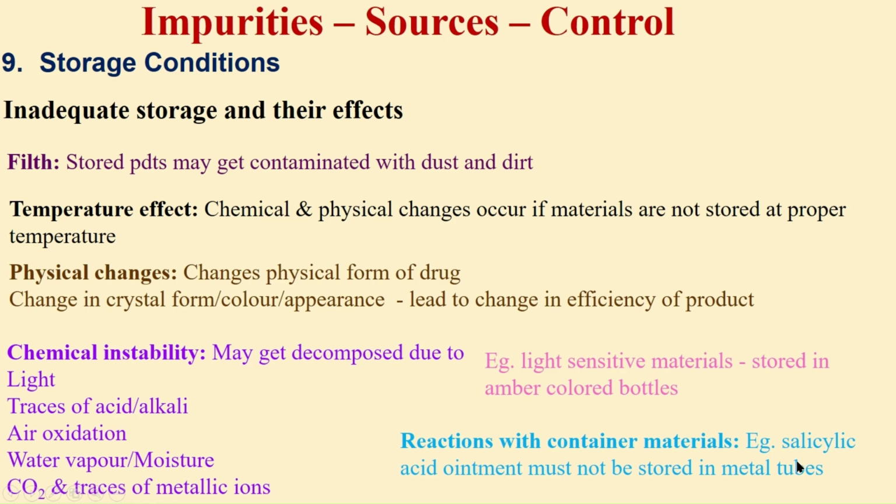Salicylic acid containing ointments should not be stored in metallic tubes. Instead, we have to store them in plastic or polymer tubes so that leaching of metallic ions into the product does not occur or can be avoided.